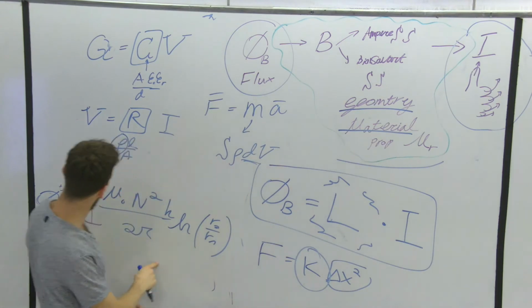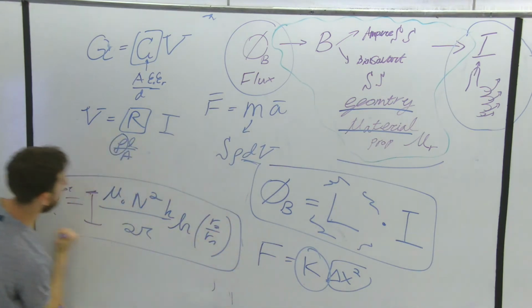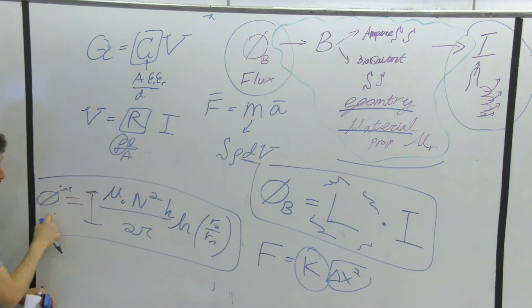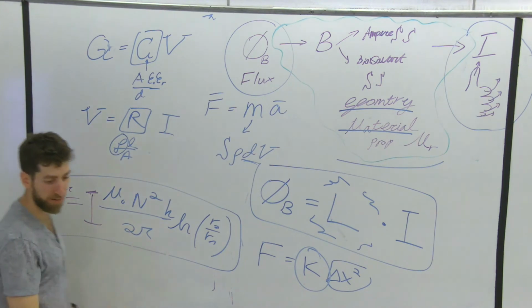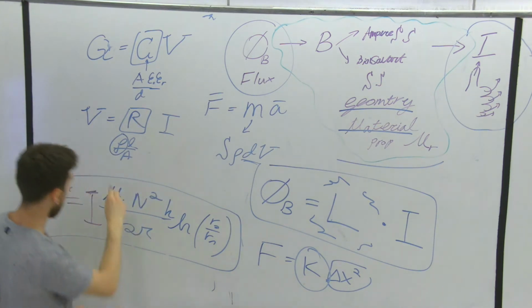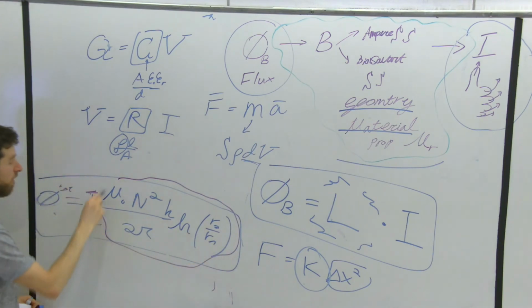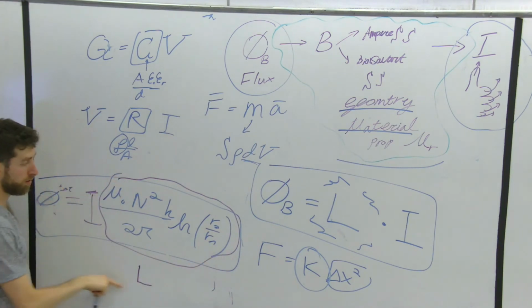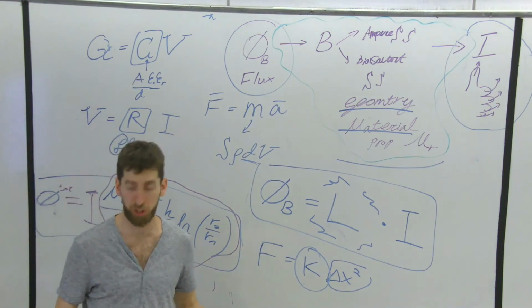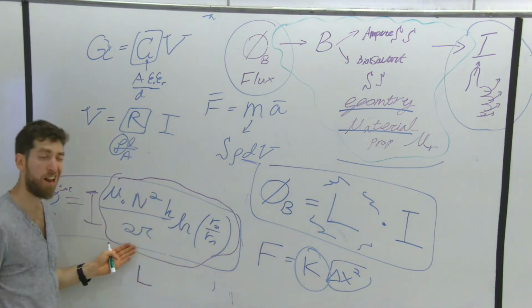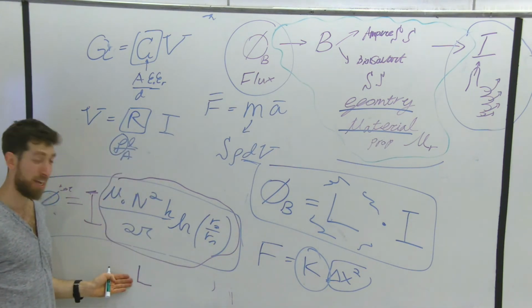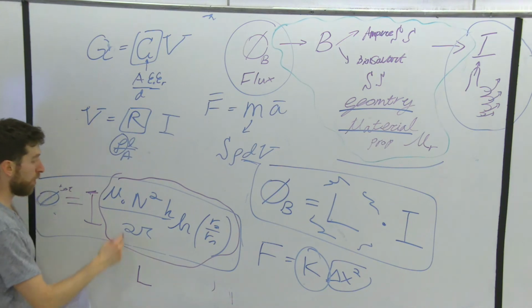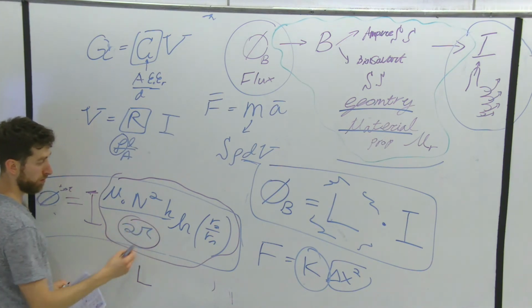So we did it. Here it is. We found the flux, we found the current, and we found something in between them. This part. So for the toroid, you can write in your formula sheet that you already calculated what L of the toroid is, and you can see we have geometry here, right?